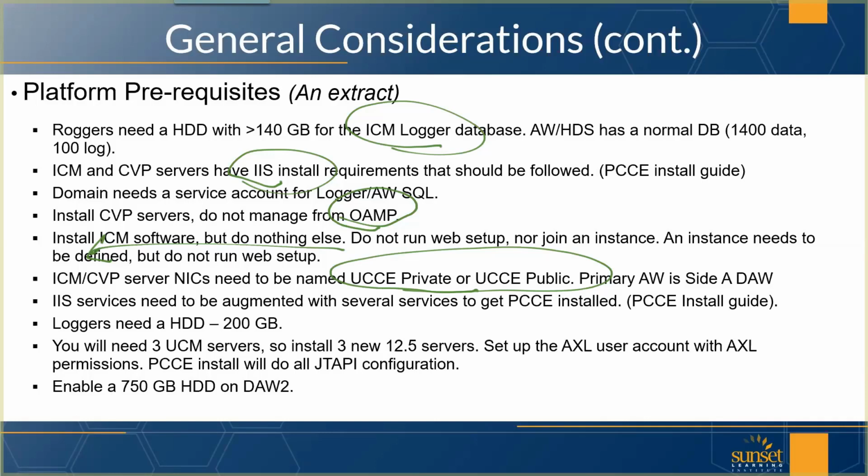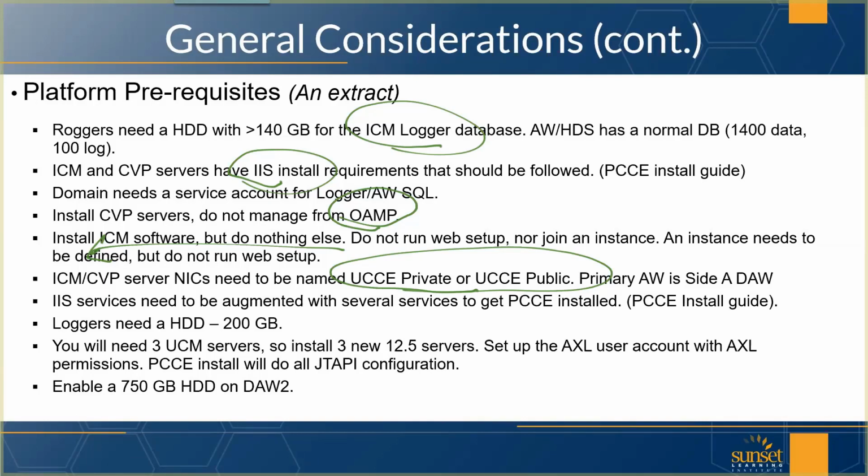But because you've got access to the inventory file, it's sometimes tempting to say, well, I should be able to change that name. Well, yes, you could, but the wizard wouldn't like it, okay? Similarly, the primary AW, side A, DAW, is its name and shall always be its name.